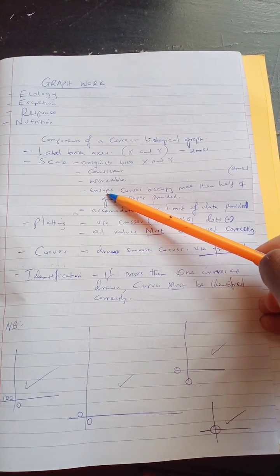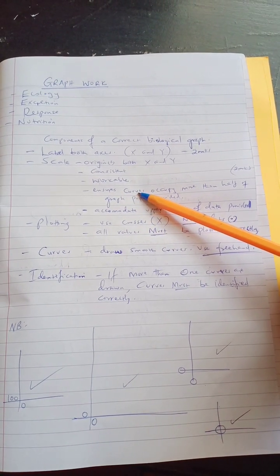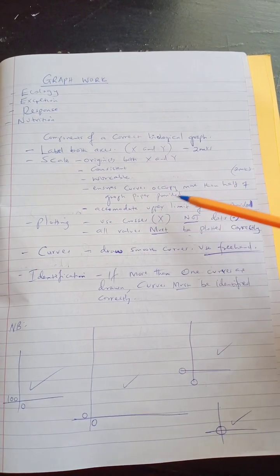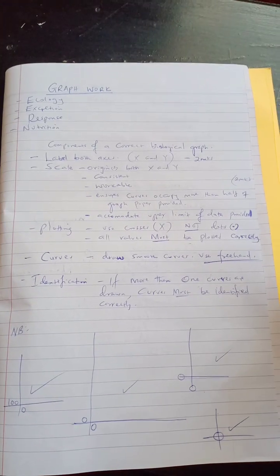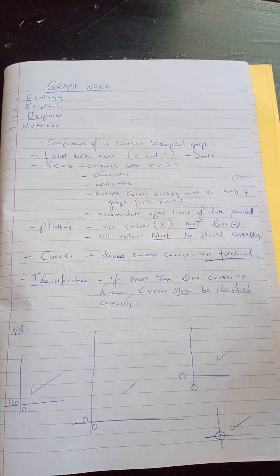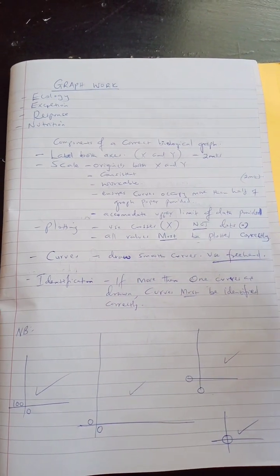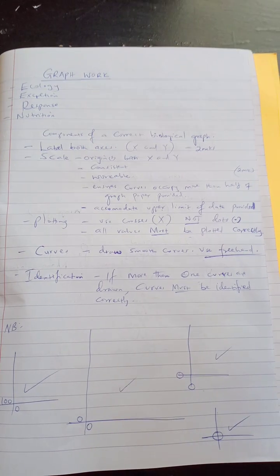You must ensure that the scale helps you draw a curve that occupies more than half of the paper that is provided. So it must be a big curve, not small, tiny curves. You have to use most of the space that is provided in that graph paper.